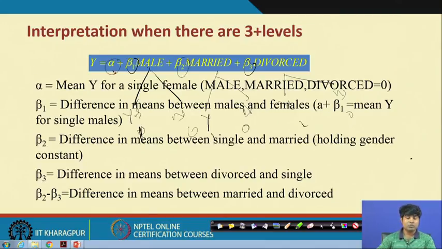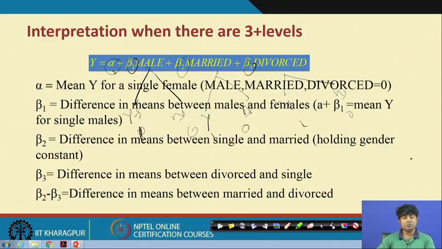So, male married: if male yes and married yes, then y will be alpha plus beta 1 plus beta 2, and otherwise if y equals alpha plus beta 1, male only, then that means it becomes unmarried, where the beta 2 coefficient will be 0. So, likewise you will find different kinds of options.